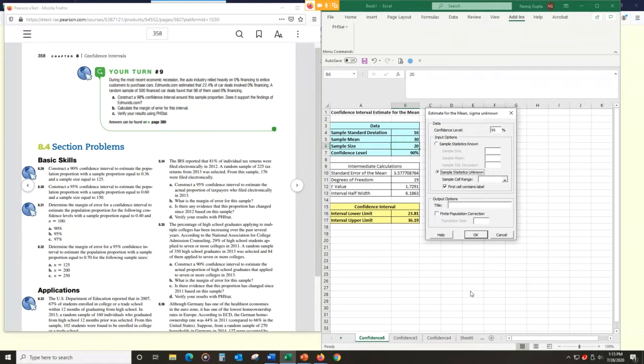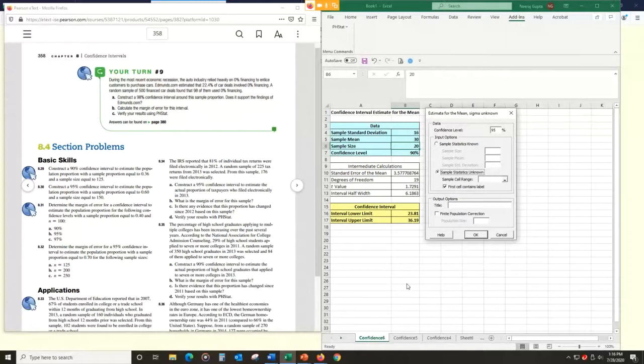You are doing the estimate for the mean. The previous examples I covered were for the population mean.